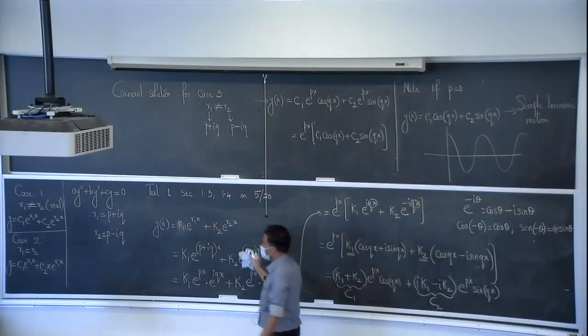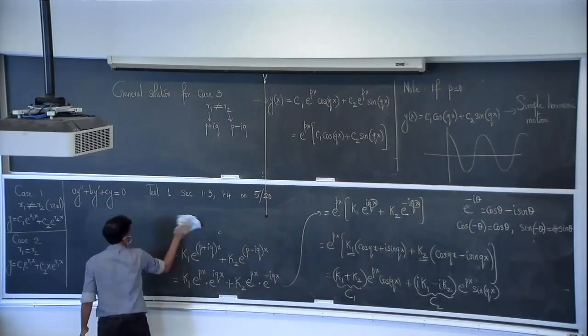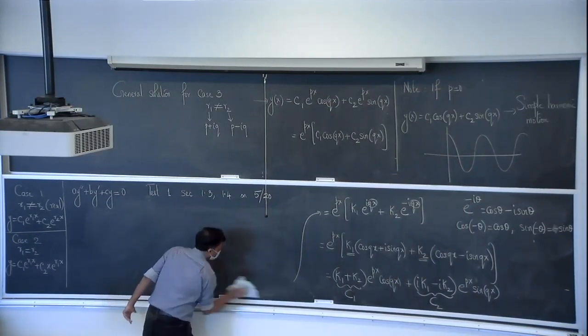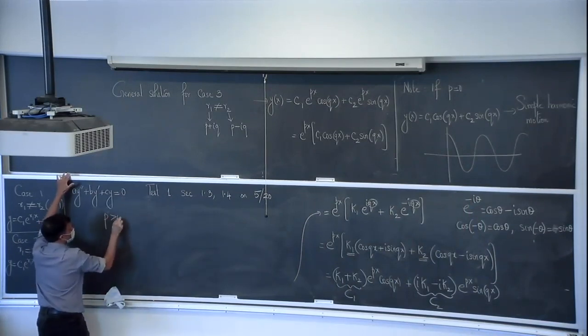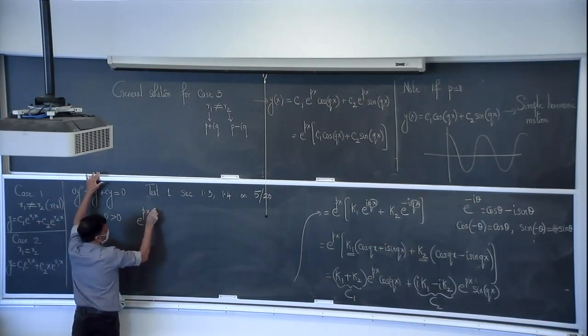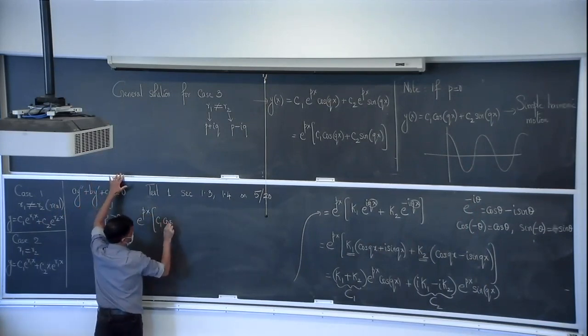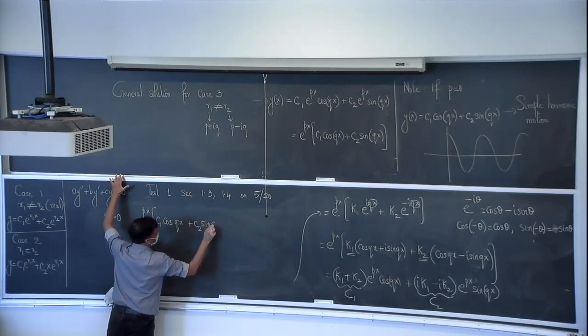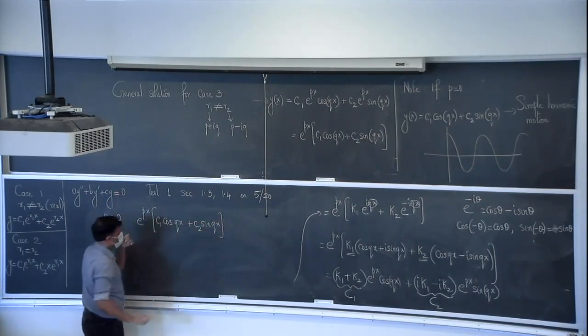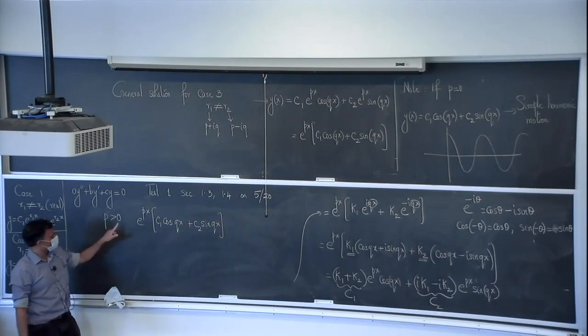What if p is positive? So you have e to the power of px times C1 cosine of qx plus C2 sine of qx. It's not really steady oscillating, it's also exponentially growing here.